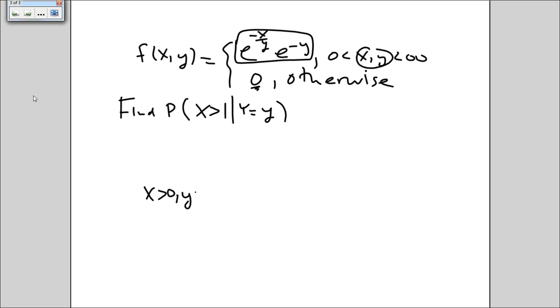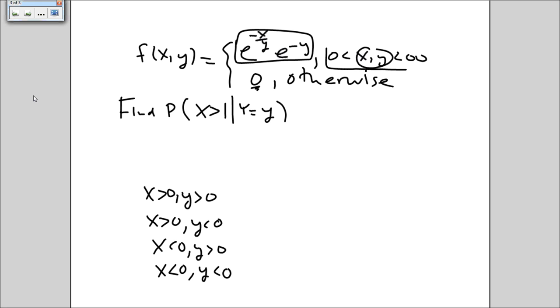X and y can be positive. X can be positive, but y is not. Or x can be negative, but y can be positive. Or both x and y can be negative. This is the only case where they're both positive. These 3 cases are not both positive.